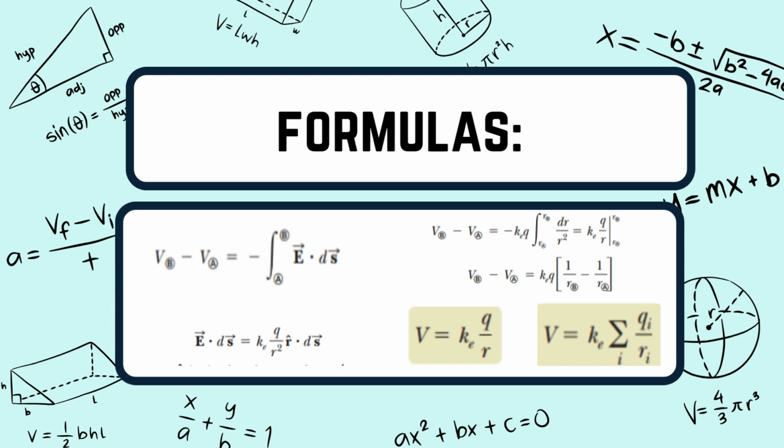To simplify it further, because it is stating that the charge Q is conservative, we can say that V equals k, which is the Coulomb constant, and the numerator of it is Q over r.